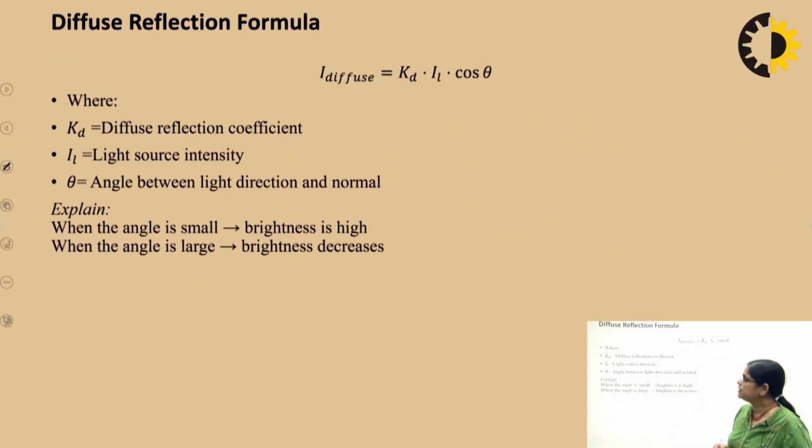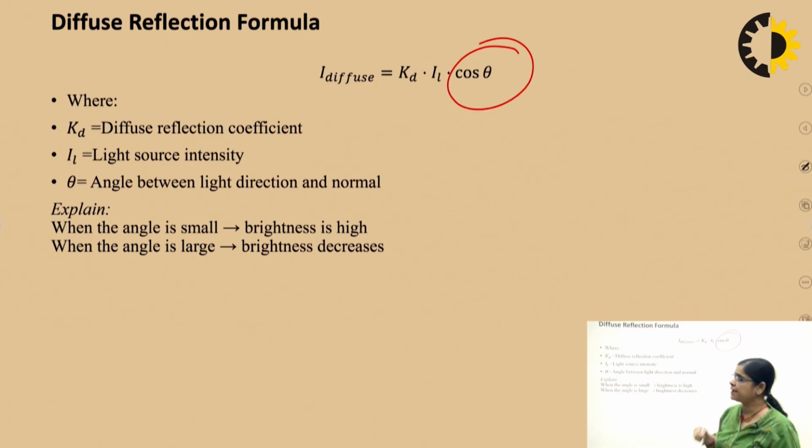Now, for the diffuse reflection formula, again, there is a difference. In the ambient, we took the intensity of the light and the surface. Here, I am taking the intensity of the light and the surface, and again I am taking the angle between the light direction and the normal. So that's how the formula is derived: kd dot L dot cos theta.